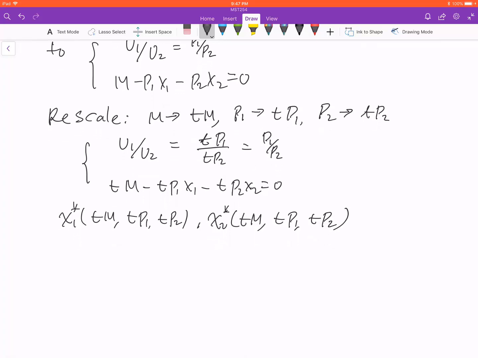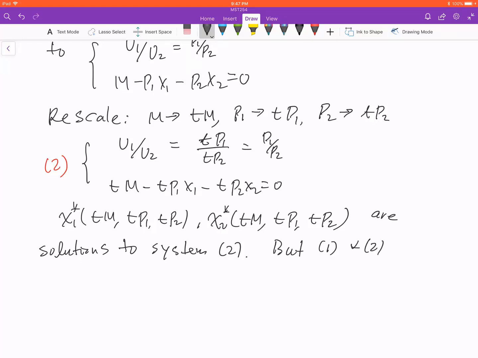So these two are solutions to this system over here. Let me call this system 2. But 1 and 2 are the same system.